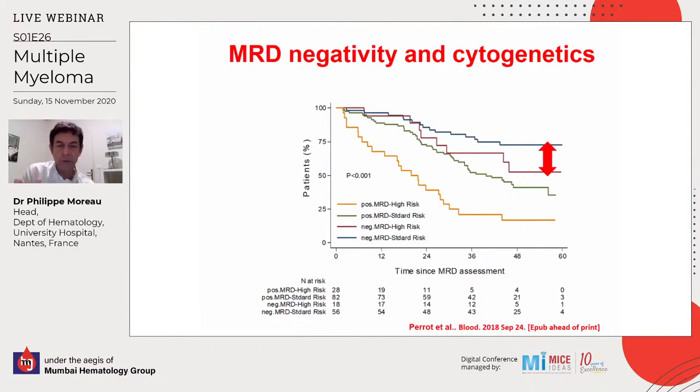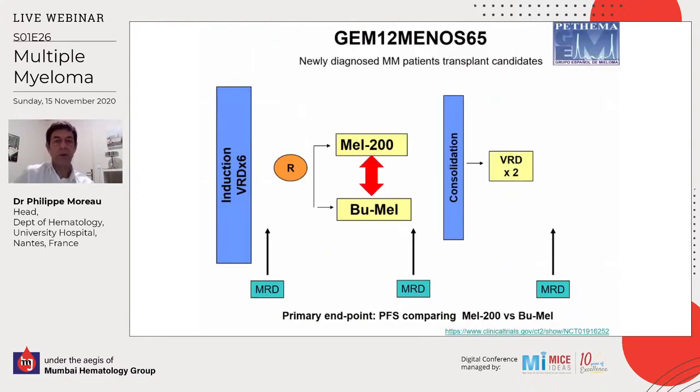But the numbers are very small and we need a larger patient population before claiming that with high-risk disease, even if you're achieving MRD negativity, your outcome will be inferior.